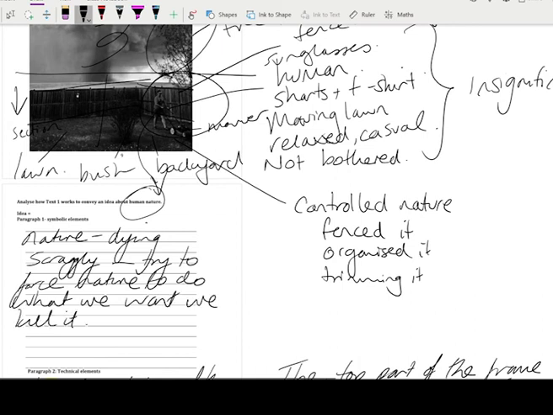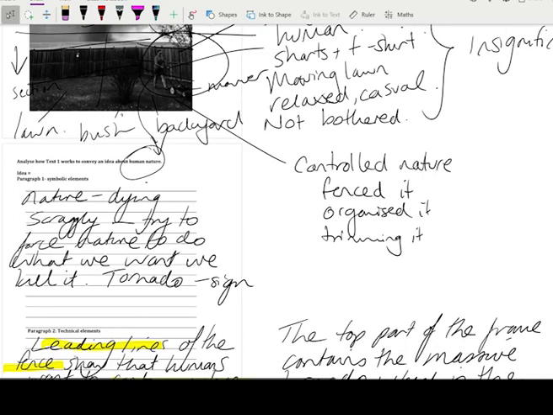My pen can't keep up with my mouth. And then we can talk about how the tornado is sort of like this sign that human nature is arrogant. We think we can control nature.